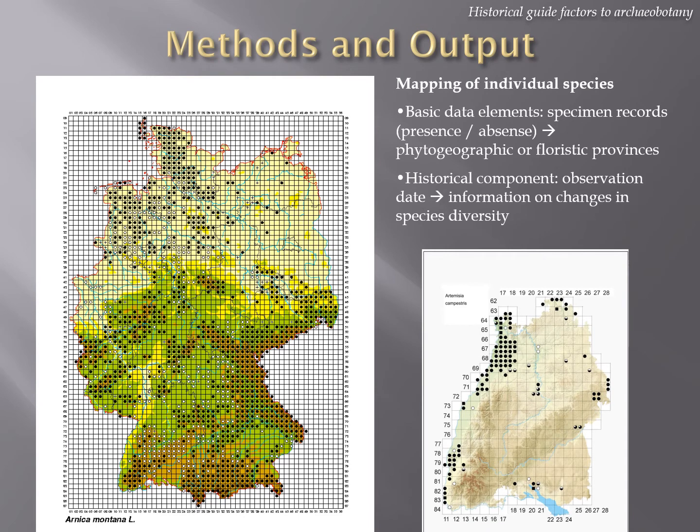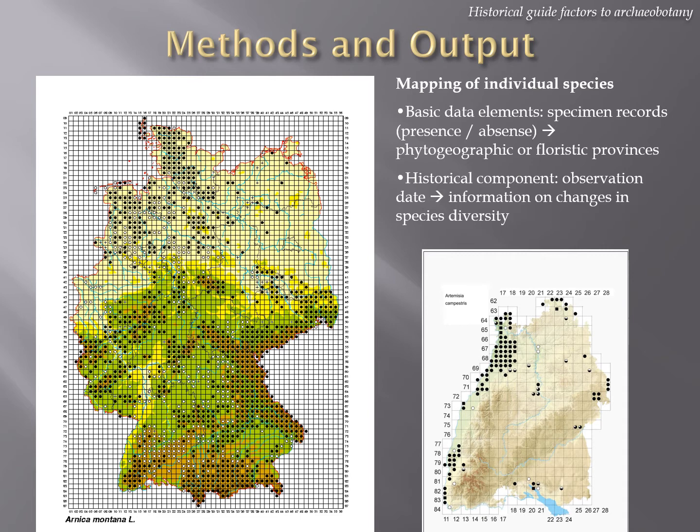A basic element in floristic phytogeography is the mapping of individual species over a defined region to recognize its range or distribution. In German, floristic phytogeography or floristic geobotany is also called Arealkunde.